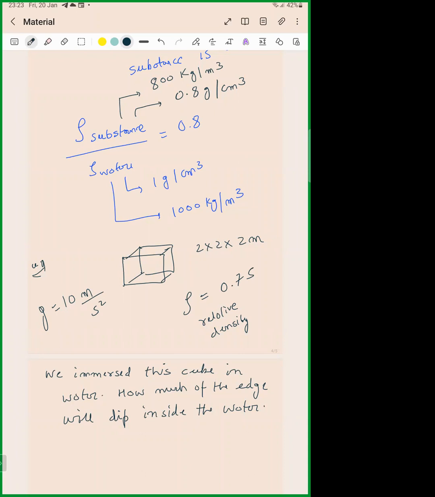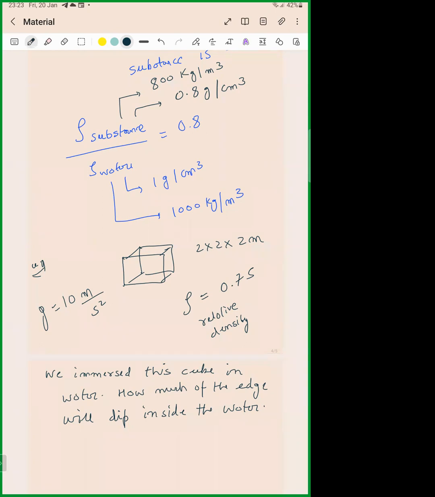Density times G times volume is equal to... Is it 3/4?